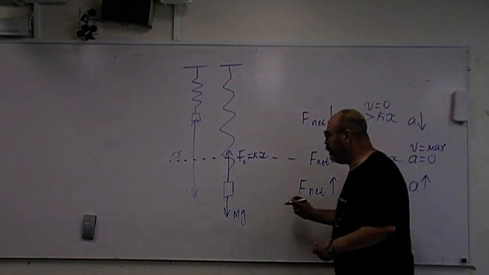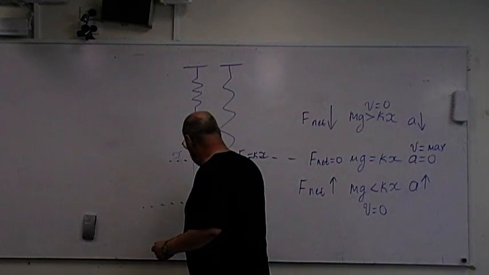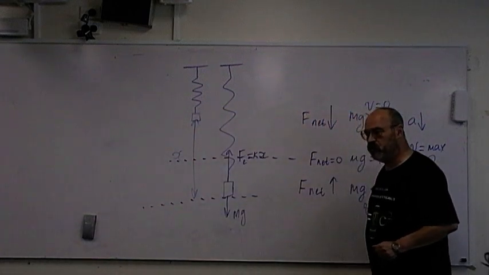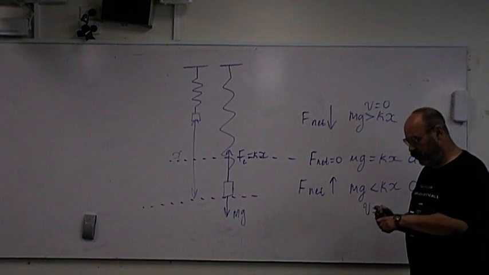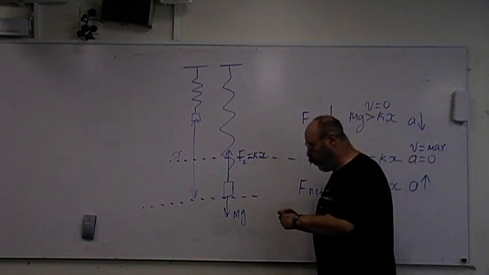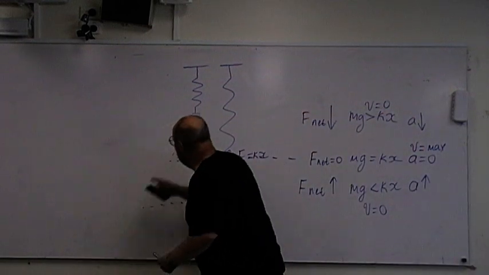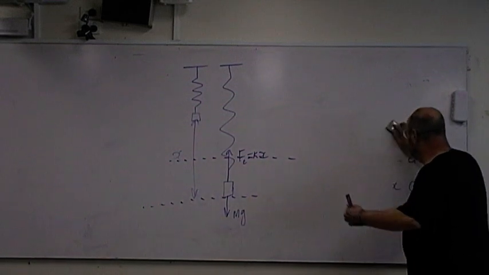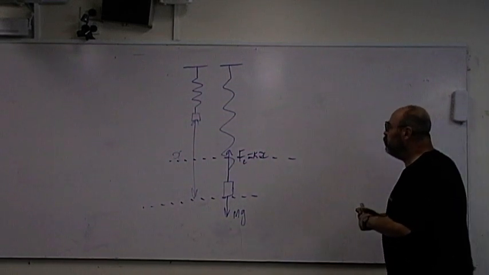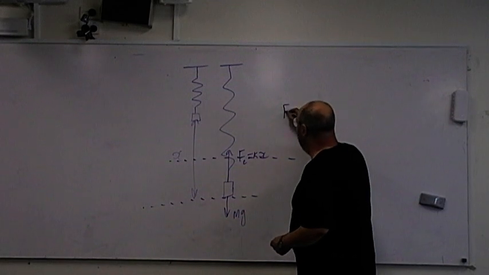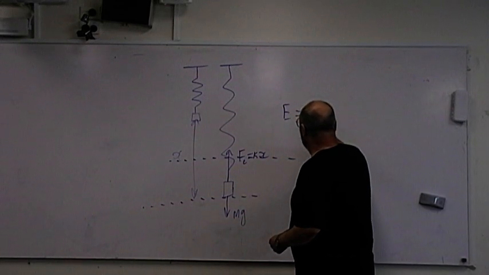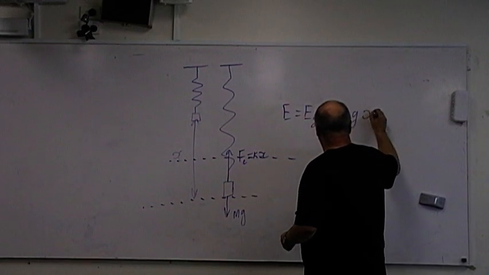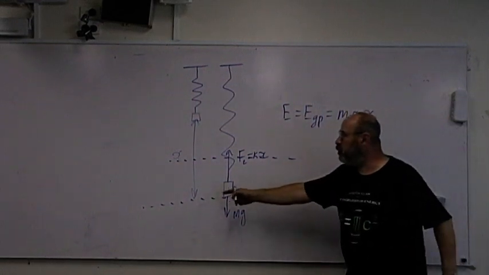Let's take the energy at the bottom, take gravitational potential as 0. What is the initial energy? What type of energy does it have initially? Gravitational potential. So here all energy is just gravitational potential, which equals mgx, because we take this as x.